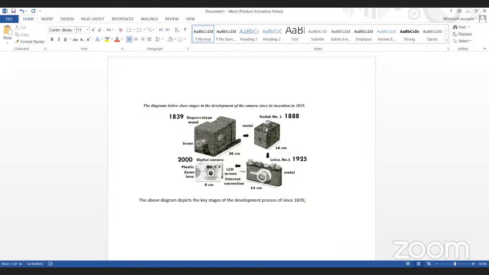All right, now let's tell that time frame. Let's give some idea to highlight that it's a first invention since 1839, with when it was first invented, right?